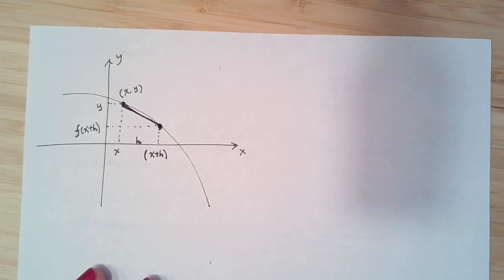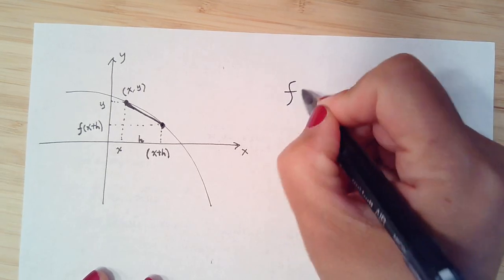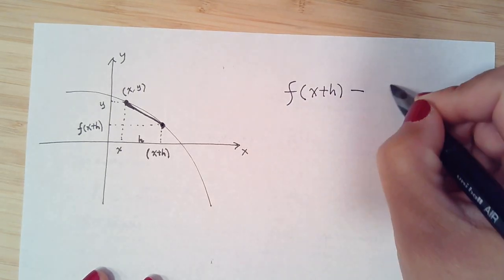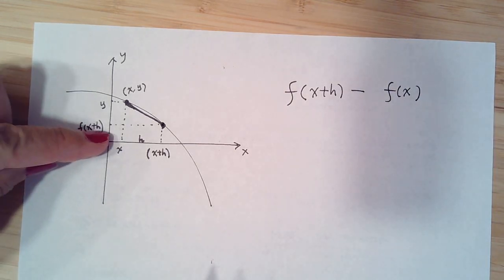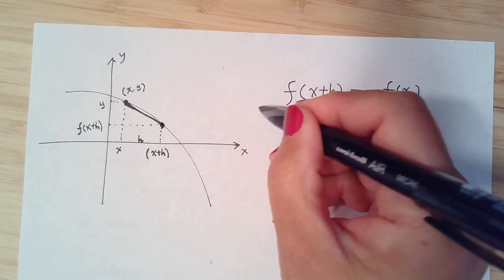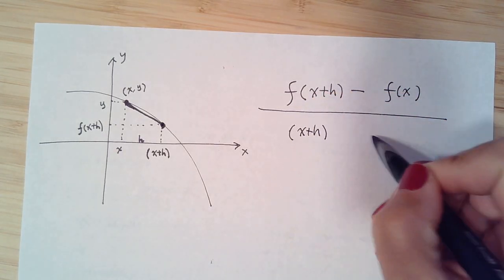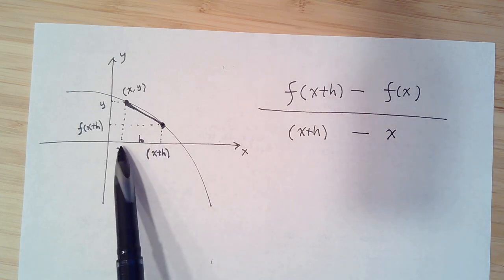Okay, I ask you, what is f of x plus h minus f of x, which is the difference between this and this, divided by x plus h minus x, the difference between this and this.